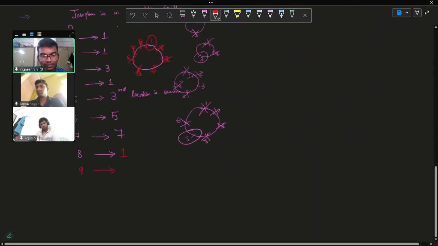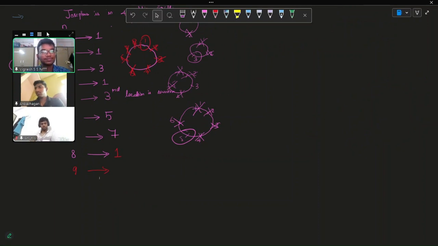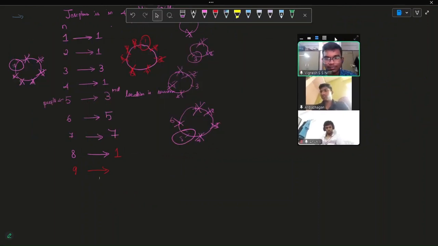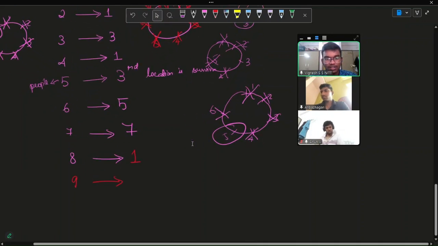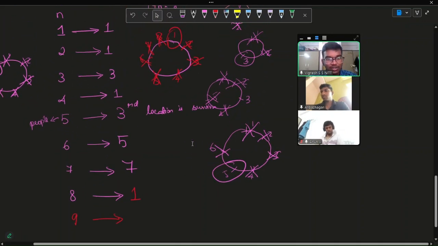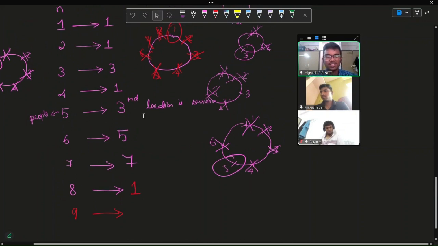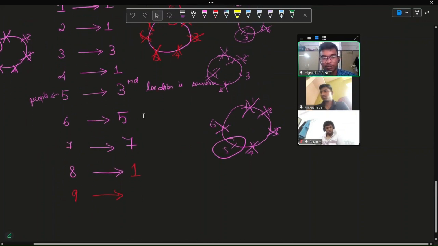What can come for 9? Any guesses? We have got enough data points. We'll get two or three more data points, and then we will find some logic.